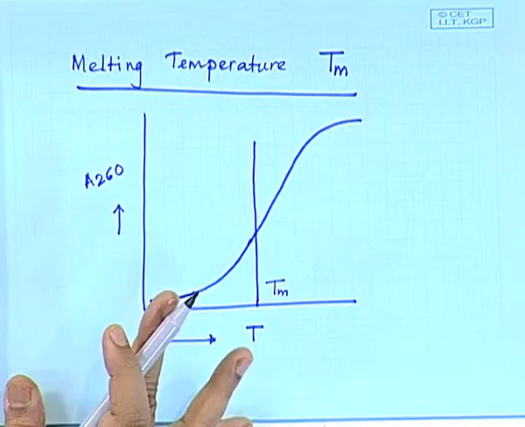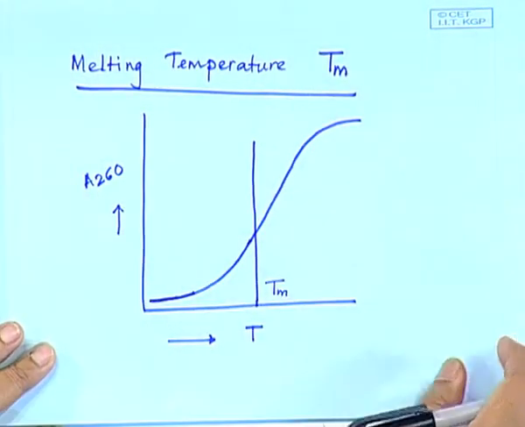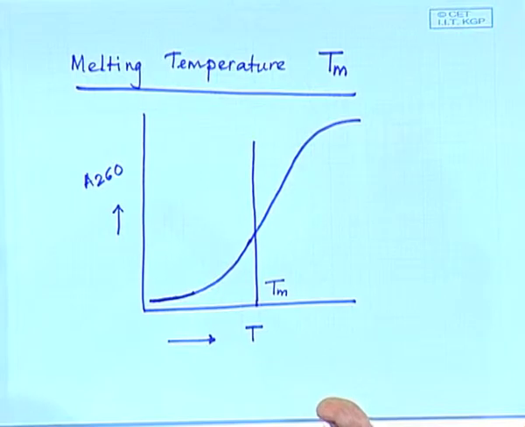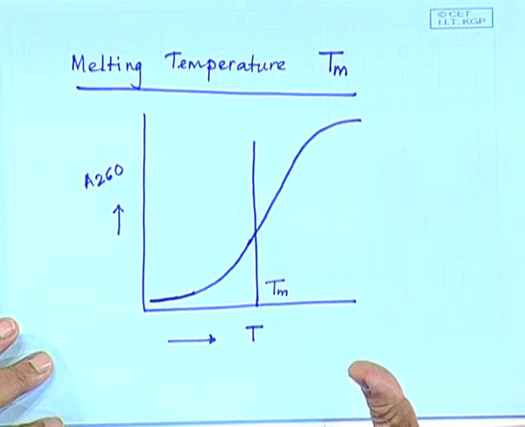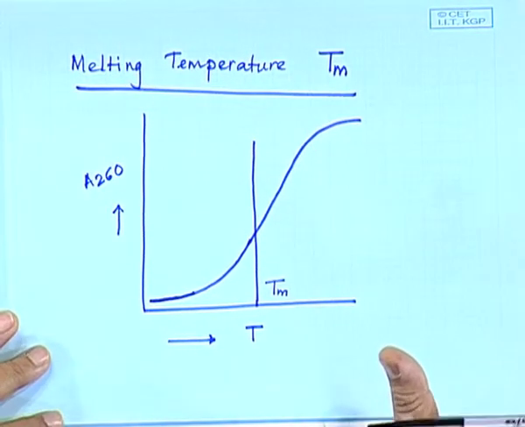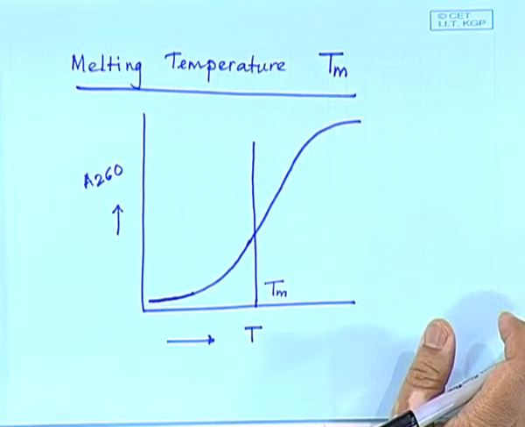So, what you are doing is, when you increase, now what did we do in the previous one that I showed you? We had the DNA curve, you are monitoring it at different wavelengths, right, and we found out that the maximum absorbance was at 260 nanometers, right.